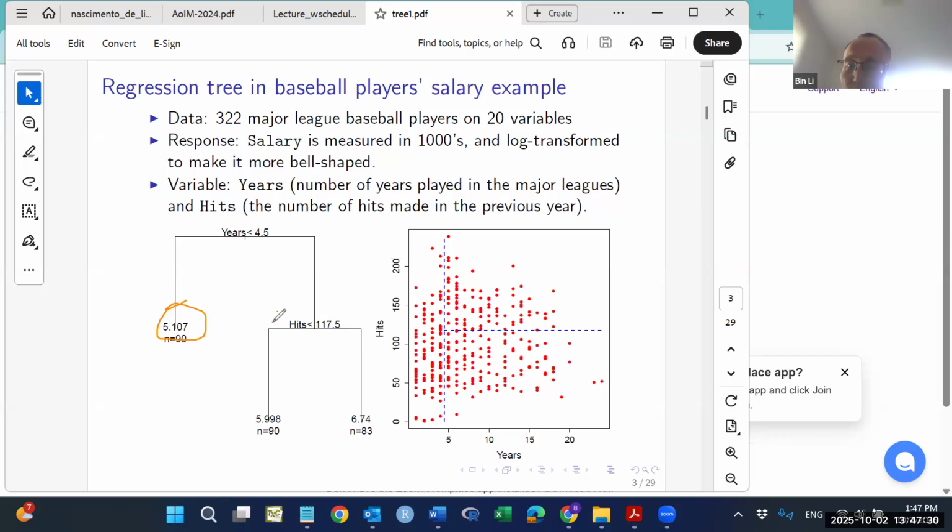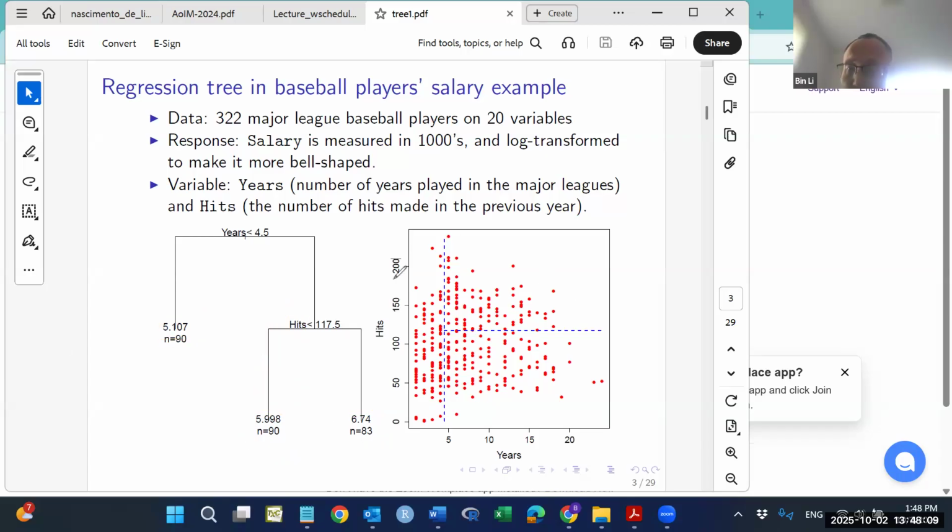If the performance is not that good, and you may ask, how do we measure good or not that good? We use 117.5. If the number of hits is less than 117.5, then that's the pay. So the player has the median pay, right? If the player plays very well in the previous years, then he has the highest pay. That's a very intuitive and simple interpretation, right?